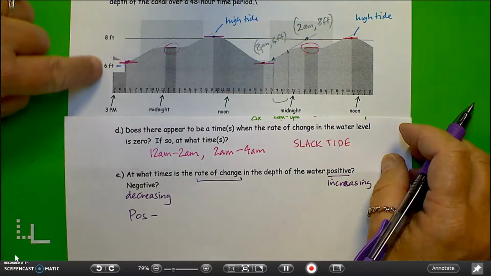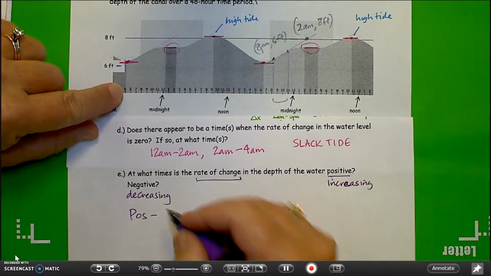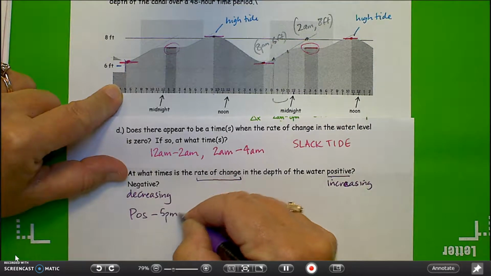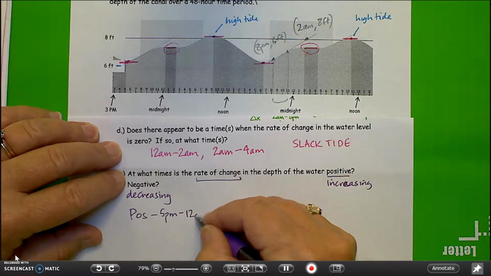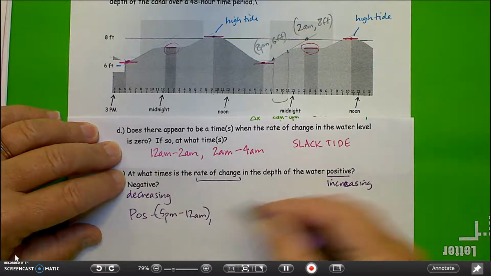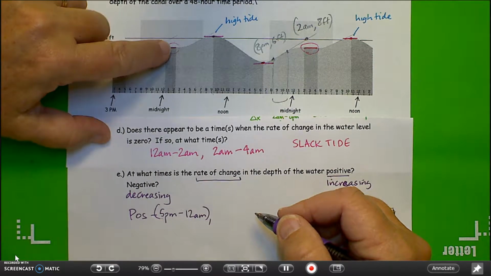So the first place where we start being positive is this 5 p.m. I'm going to say 5 p.m. to all the way up to midnight. That's my first one. Then I have my slack time, so I'm going to skip that. But then it continues to increase.